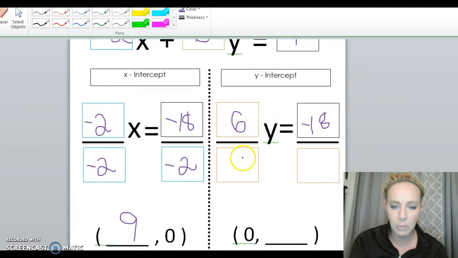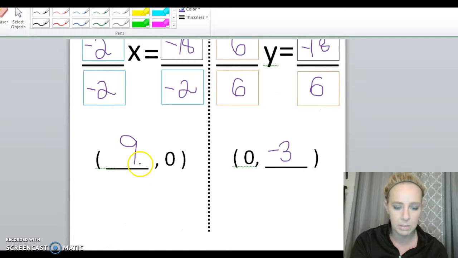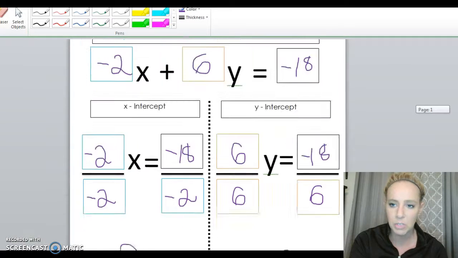I'm going to divide both sides by 6. Negative 18 divided by 6 gives me negative 3. And then I would graph both these points. I would graph x on the x-axis at 9 and on the y-axis at negative 3, and I would connect my points. Now I'm going to use Desmos just to double check our work.